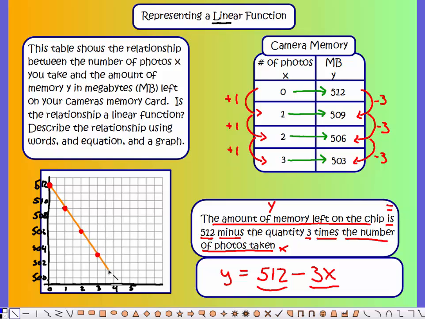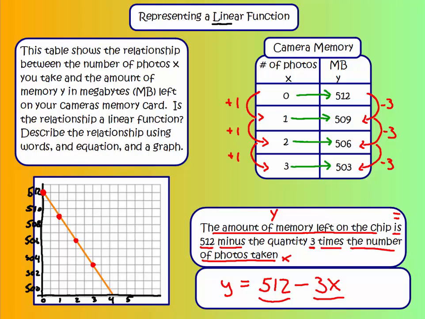Look at that, straight line. And if I kept it going, I can make some predictions. I can predict that if I took 4 pictures, I should have exactly 500 megabytes left right there.